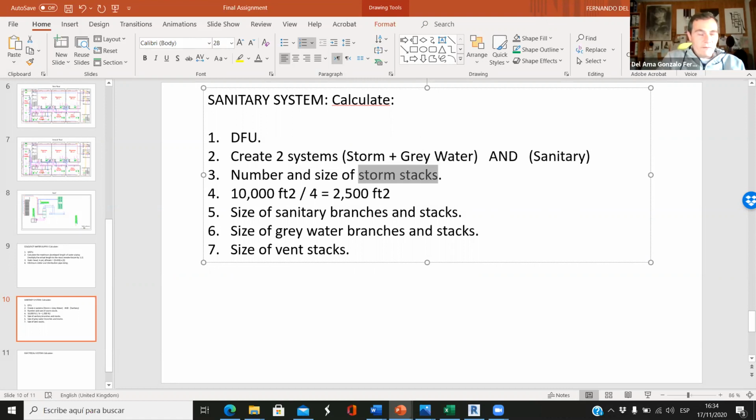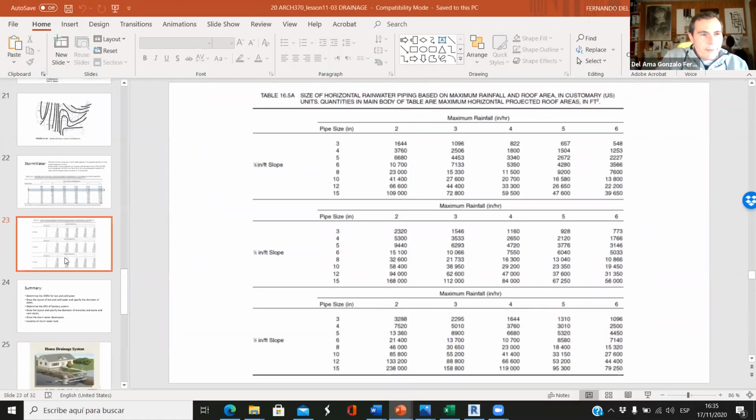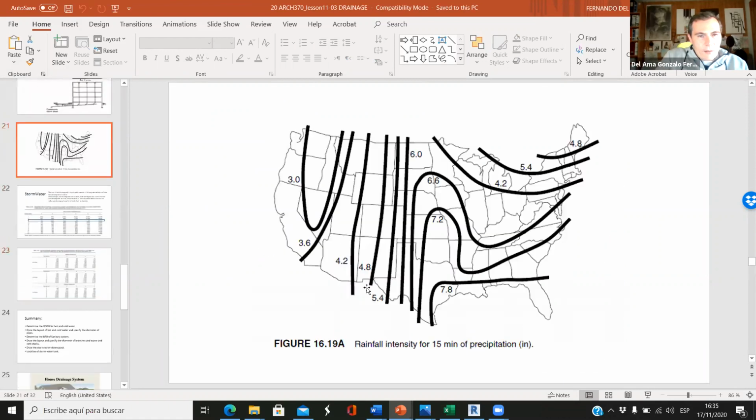It can be 4 or 5. Well, I have decided 4, so now I have to check if that decision is good or not. Okay, where are we? We are in Manchester, New Hampshire. So the rainfall intensity is around 5.4. Okay, so it's around 5.